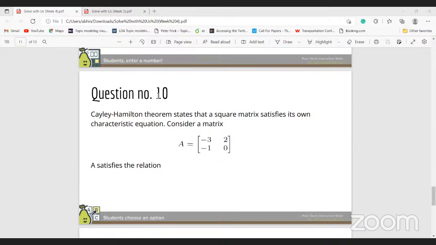Okay, so basically in this question, the options could not be shown because I could not use the clear deck for some reasons. So basically here you should find the characteristic equation and then replace lambda by A. That's it.